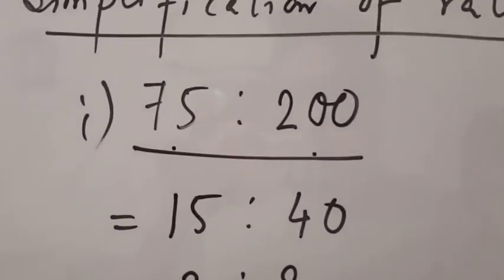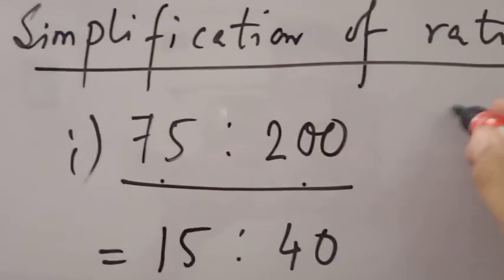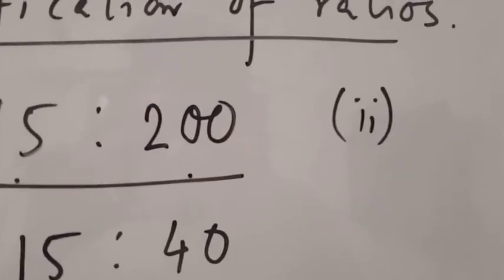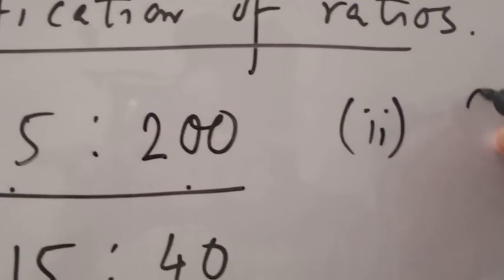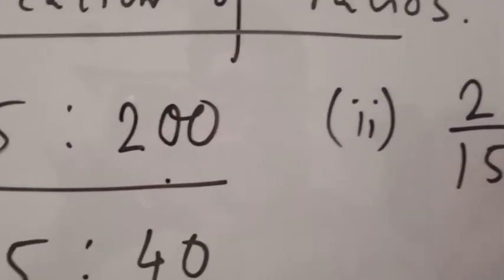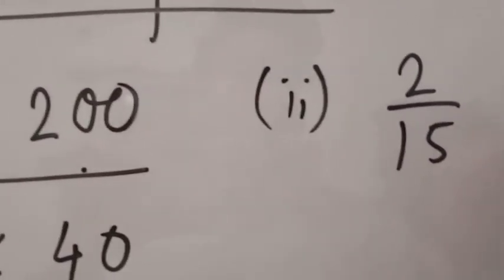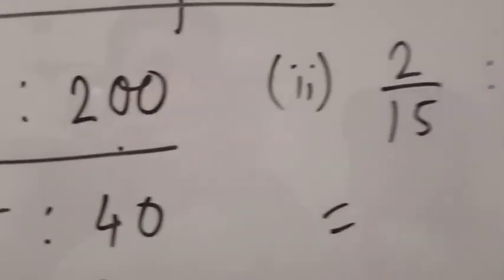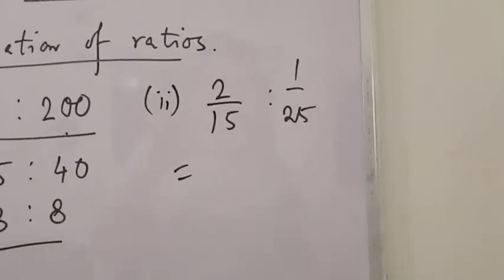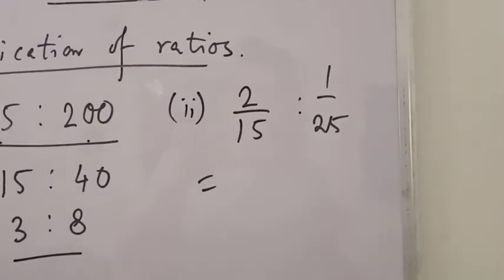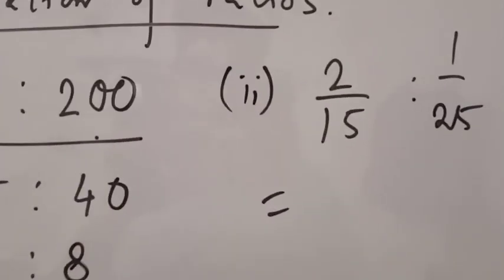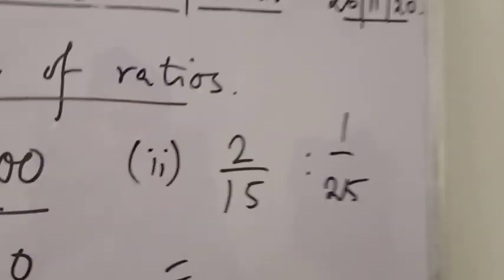Now next, number 2. 2 by 15 is to 1 by 25. So see that a fractional ratio is given. For fractional ratios, before you find the simplification, you have to multiply crosswise.